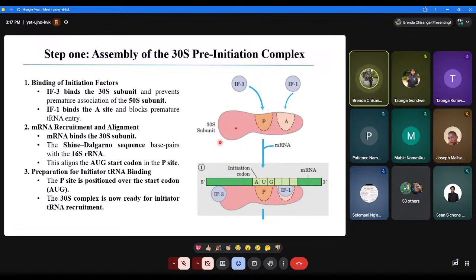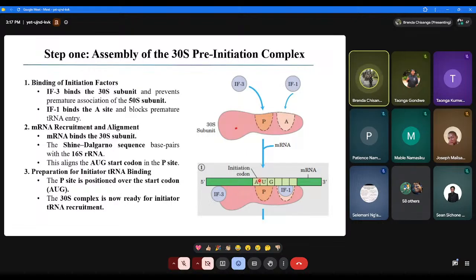The next thing that needs to happen is to recognize the start codon of the mRNA. Now, the mRNA itself has a sequence referred to as the Shine-Dalgarno sequence. This sequence is found upstream of the AUG start codon. Remember, in our previous lectures, we looked at how we designate a gene.